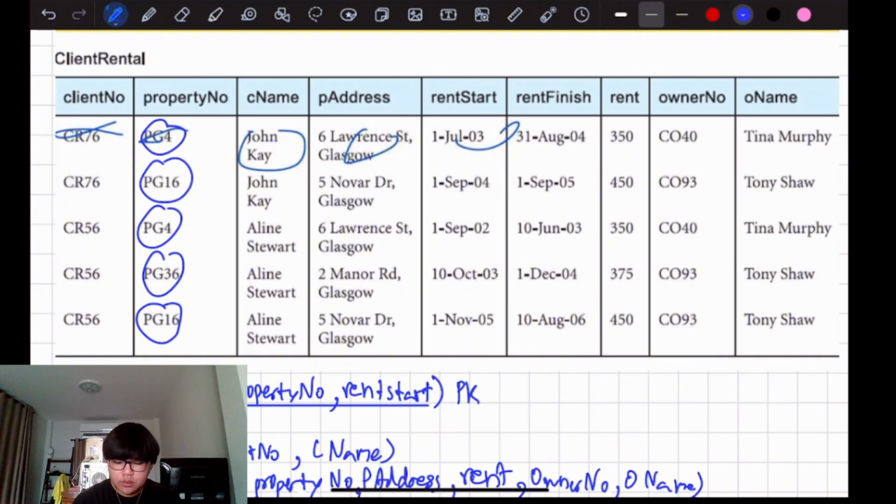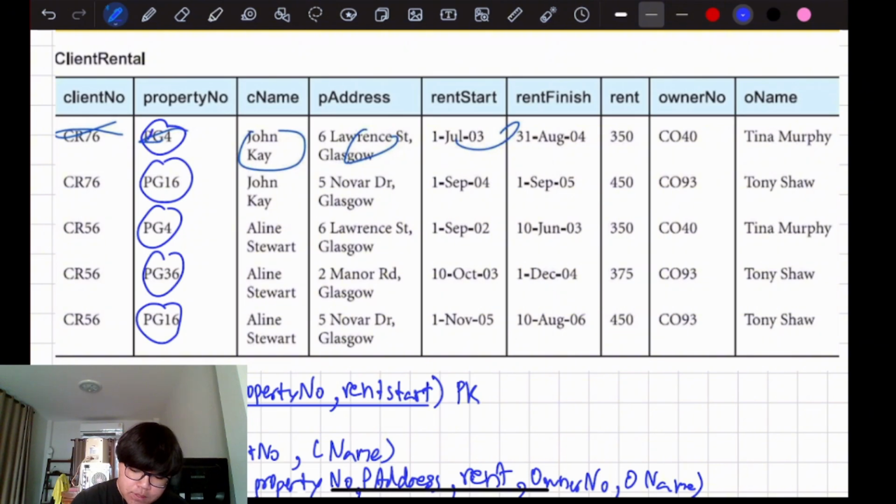Next is property number can tell rent, and rent can tell property number too. So it's not transitive. Next is property number can tell owner number. Now have a look.